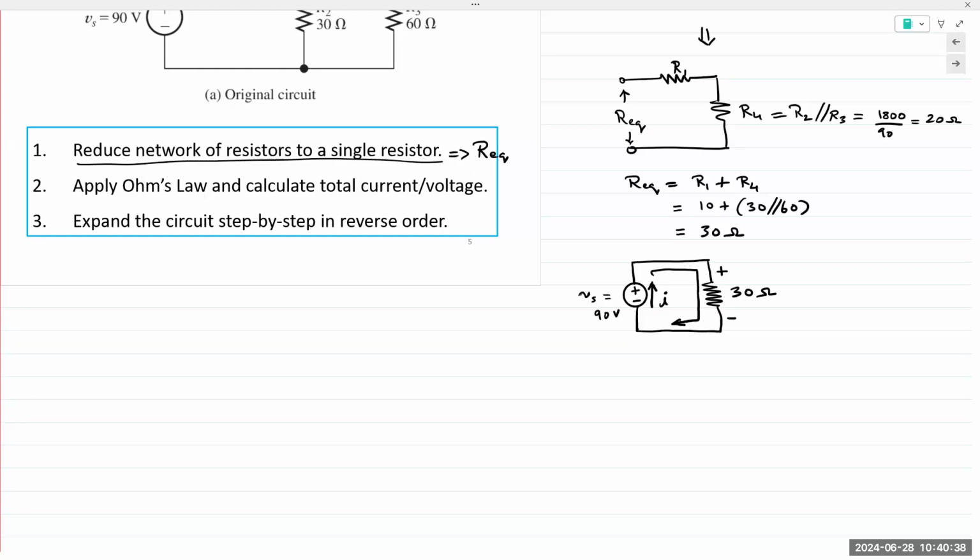Even if you make the assumption opposite of what the rules or the logic dictates, you would still obtain the right answer, except you would get a minus sign at the end. That's all. So apply Ohm's law.